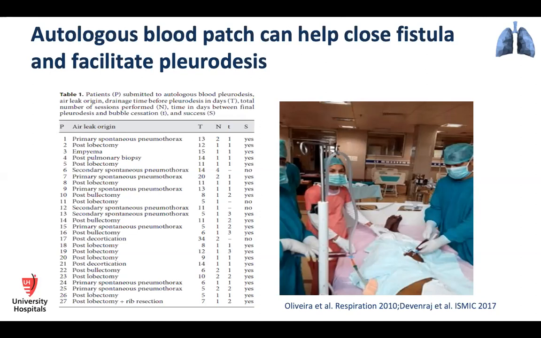And the way it's done is, in a sterile way, you establish a new vascular catheter, which is either a midline or a PICC line, obtain blood, and immediately transfer it in a sterile way to the chest tube. The most common complication is infection, which is about 6 to 10%. So I usually administer prophylactic antibiotics. But actually, if the blood patch works, it works really well and works sometimes better than chemical pleurodesis.